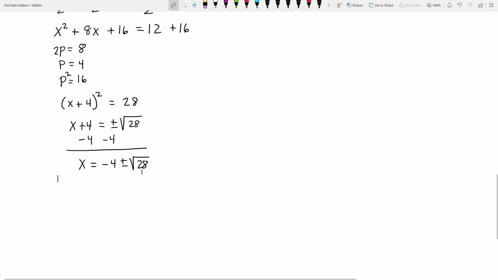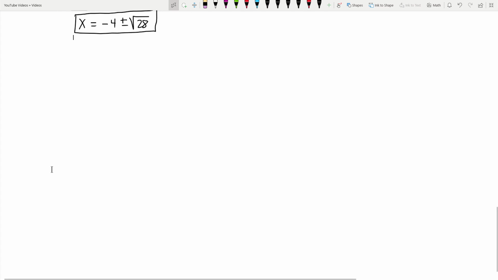So you can still get a solution even if your quadratic doesn't factor. So if you can't factor the quadratic, you have to try another method before you give up and say it has no solution. All right, so the third method for solving quadratic equations is the quadratic formula.